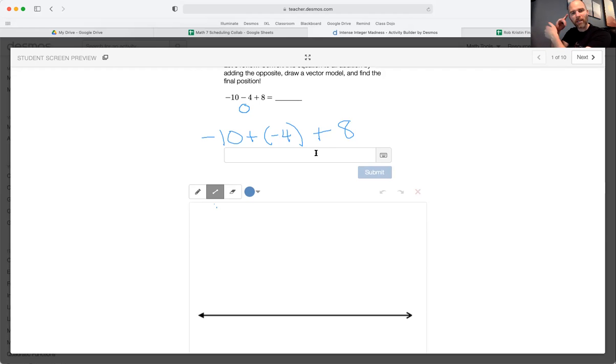So I'm already thinking ahead for my vector model. I'm never going to cross a 0 on the positive side. So I might as well make the 0 all the way over here. And then, I don't know, maybe I'll make 14 little dashes because I know I'm going 14 spaces to the left.